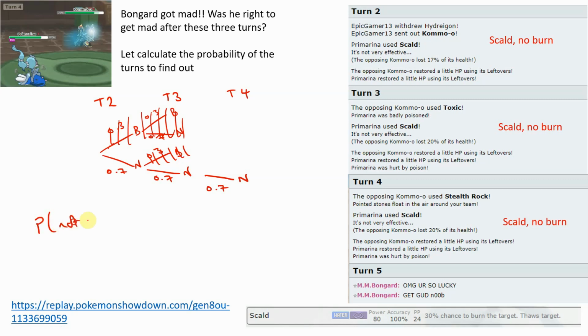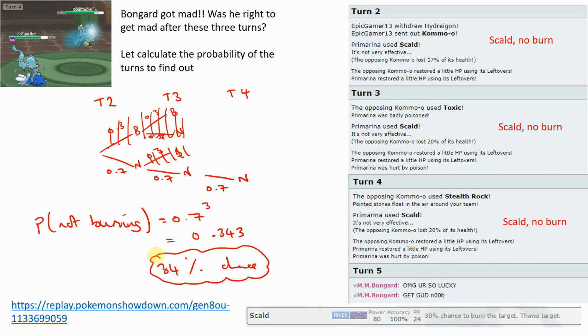So the probability of not burning in my 3 moves is going to be 0.7 to the power of 3, which gives me 0.343. So roughly a 34% probability or chance. So I was kind of in my right mind to get a bit angry.